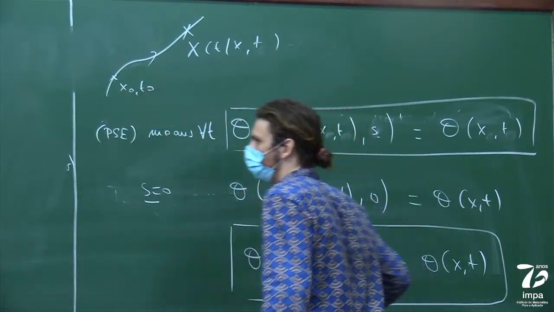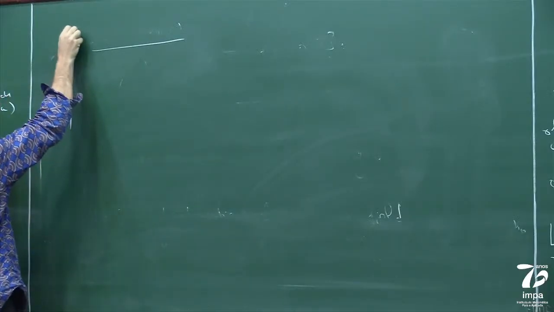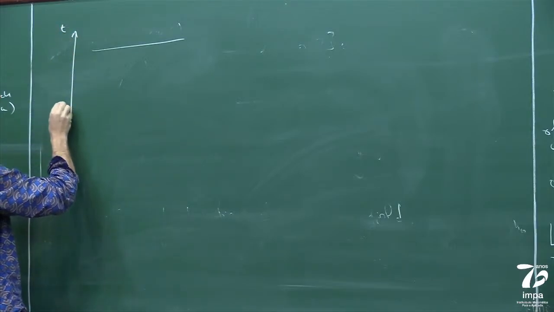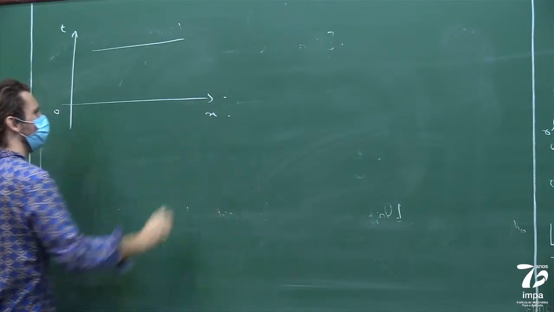So just for the sake of illustration of this formula, say we have time going there. This is the time t, going from 0, and x.